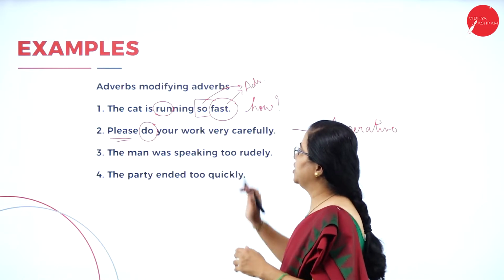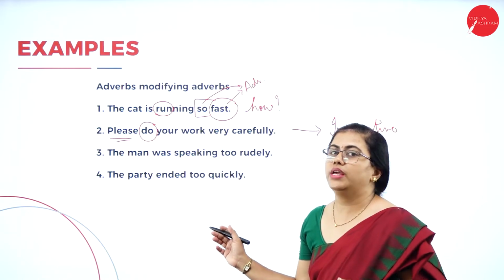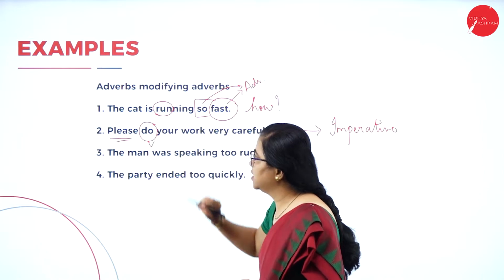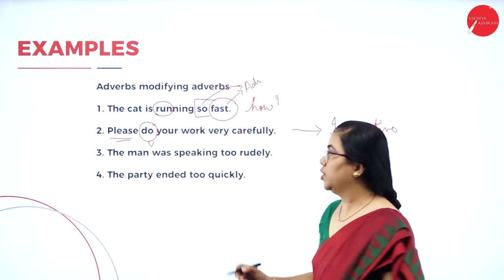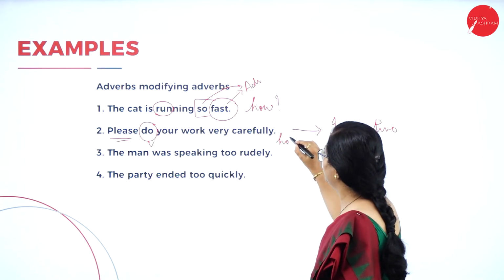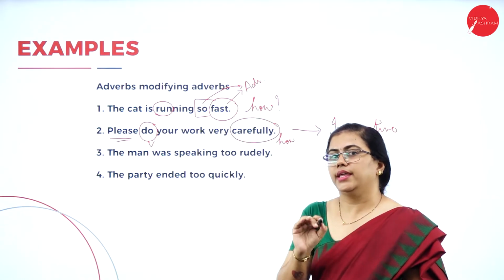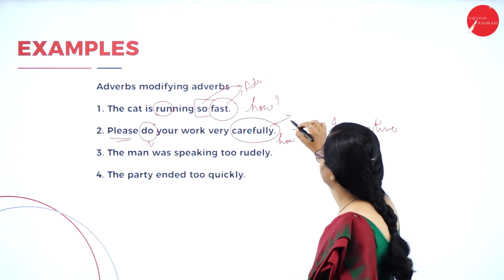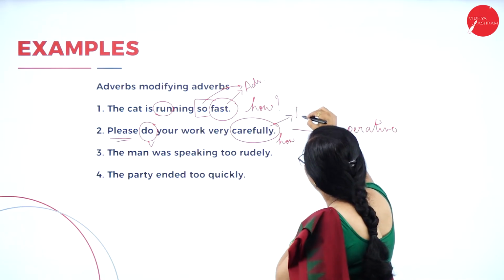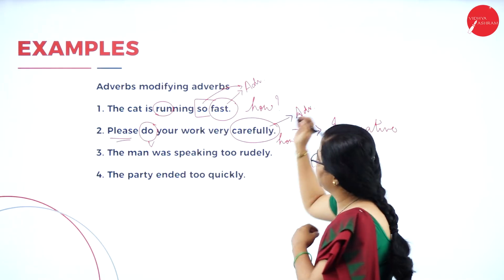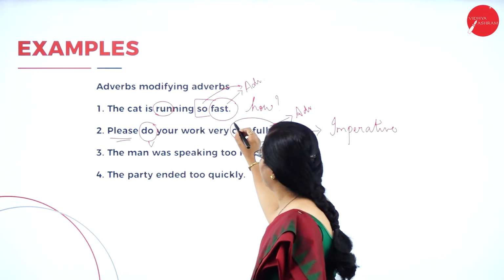So, coming to this, do your work. Do is the verb in this sentence. How should you do your work? You should do your work carefully. So it is telling us about how the work is done. So it is called an adverb. Then, how carefully should we do it?